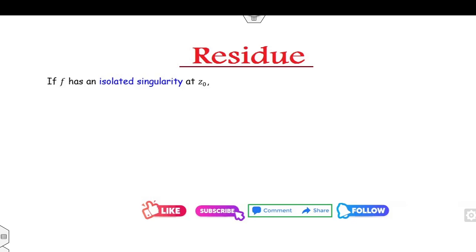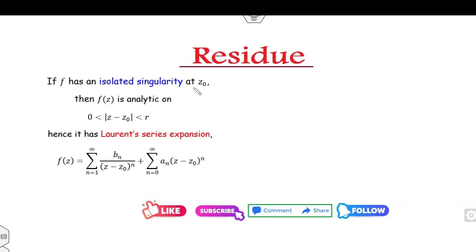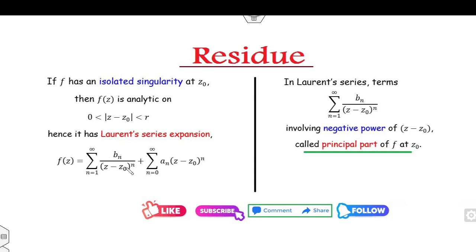Now, we discussed the lecture on singularity, where we learned that if f has an isolated singularity at the point z equal to z naught, then we can expand the function f(z) in terms of the Laurent series, where the terms associated with the negative powers of n are known as the principal part of the function.